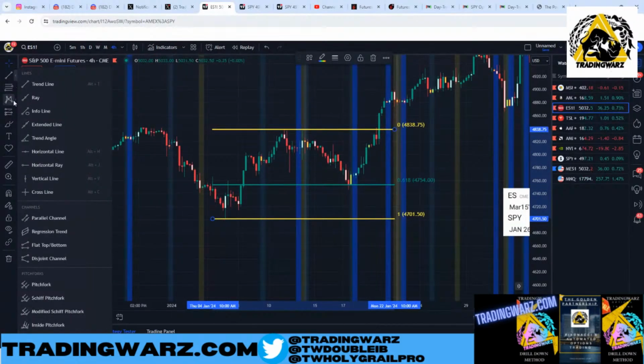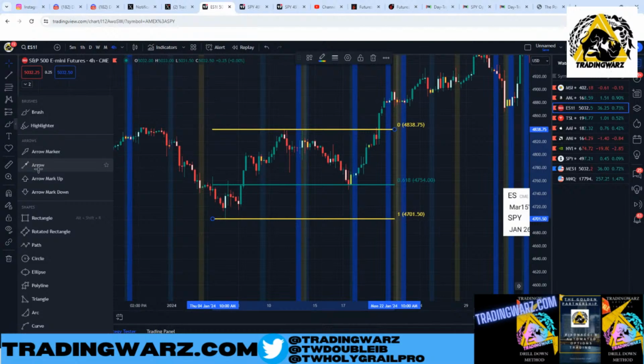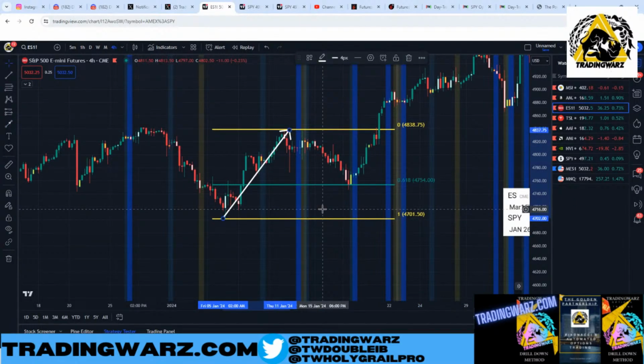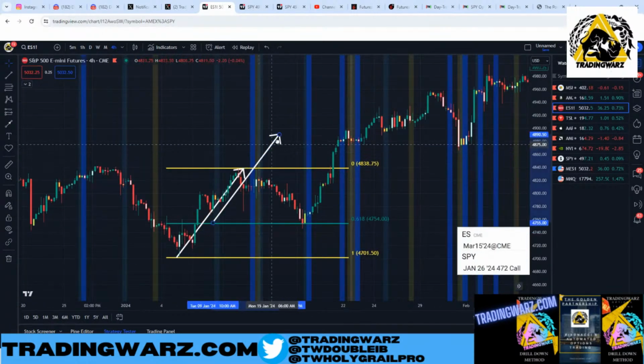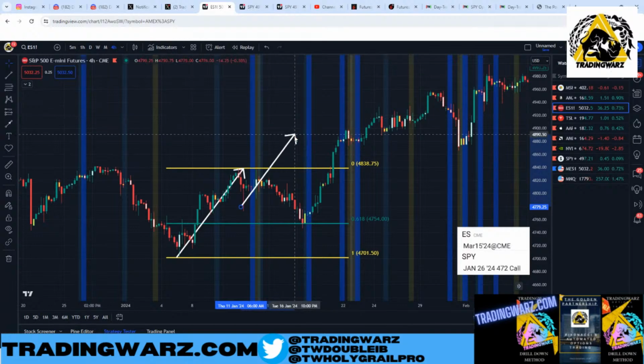So if I draw an arrow for you guys, it'll be easier to see. So this is the full move. Okay. So this is over 100 points of a move. But if we take this, okay, and we actually take this candle, let's make it right around 62%. Okay. And then let's flip it. So we'll put it here, bang, and then flip it right here. That's what that is.